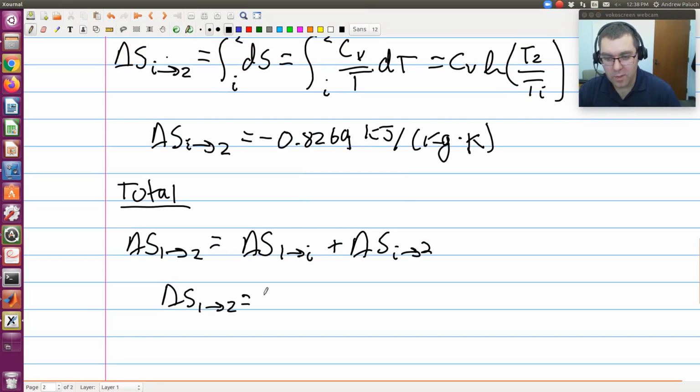So the change in entropy is 0.8975 kilojoules per kilogram Kelvin.